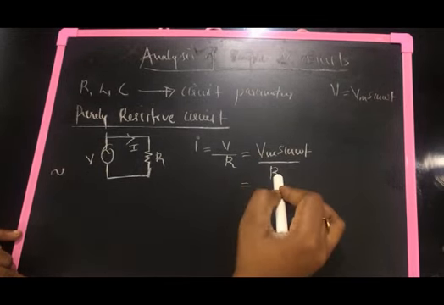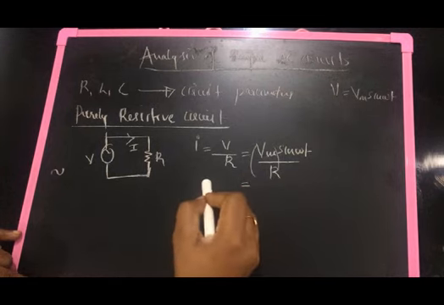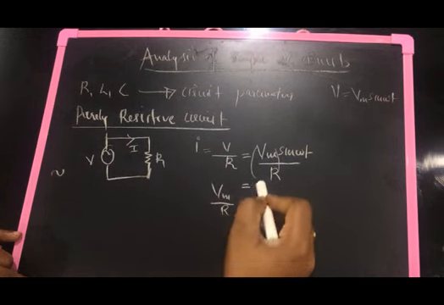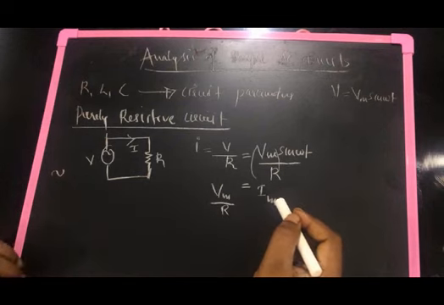We know that is I. Therefore, Vm by R can be replaced as Im, that is, Vm by R is equal to Im.